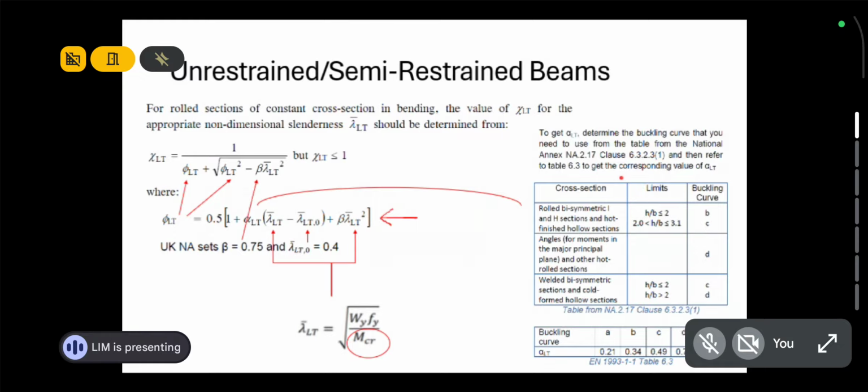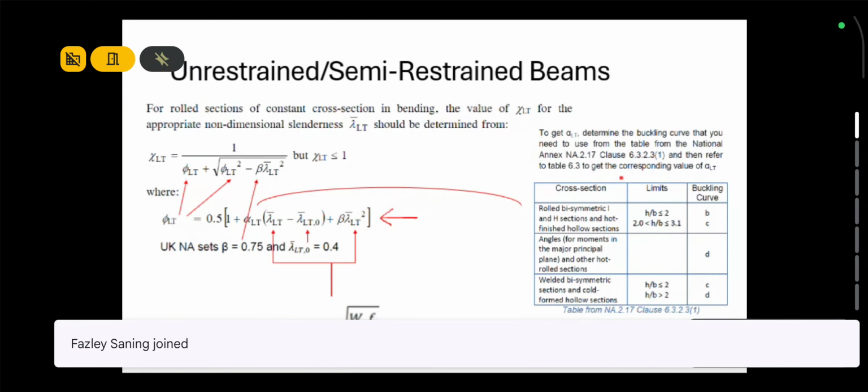It's 0.5 times (1 plus alpha LT times (lambda LT minus lambda LT naught), close parenthesis, plus beta lambda LT squared. Now, in this formula, there are still things that we don't know.